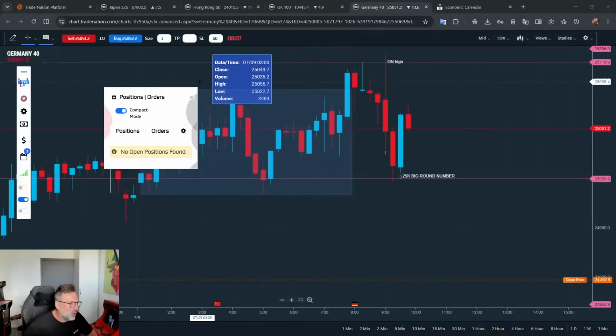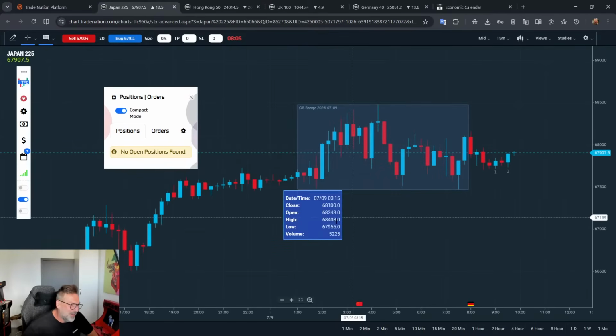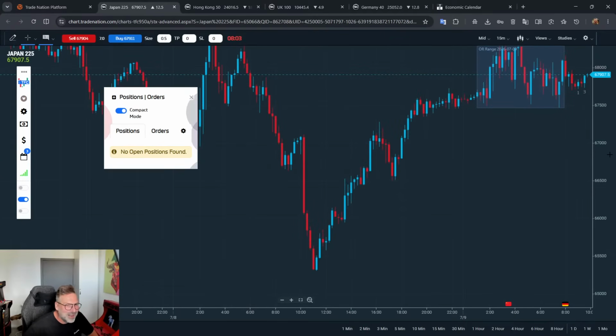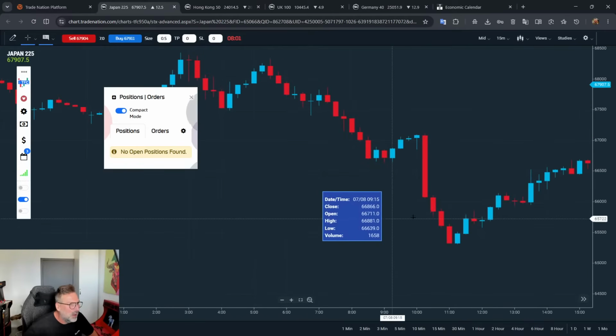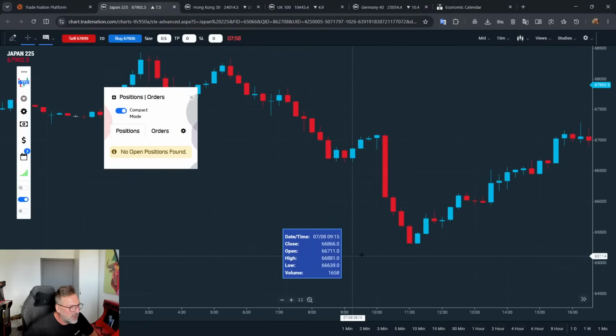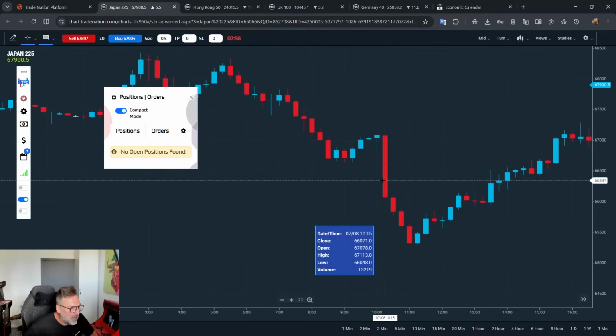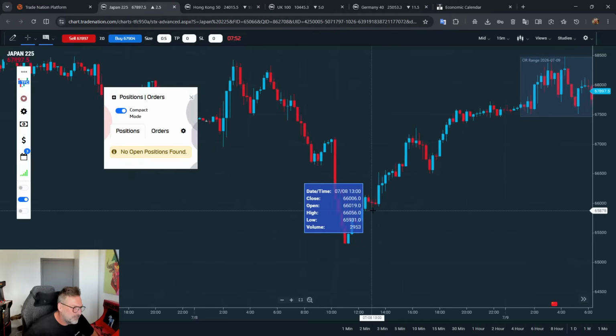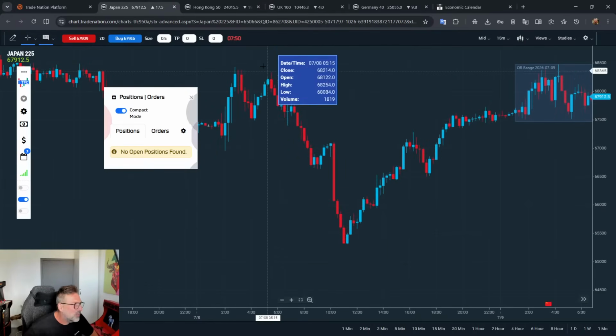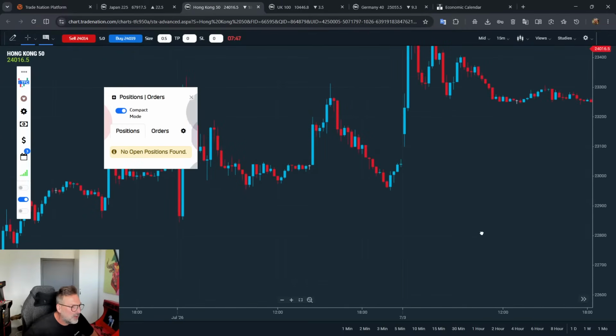So I was talking about an index, and I didn't share my screen. Okay, so that's the Japanese, that's the Nikkei. So look at that. This candle here has a range of 1,000 points. Look how much that thing moves. Here's the Hang Seng.